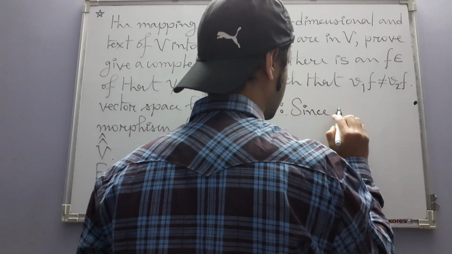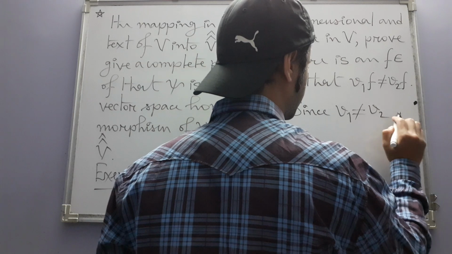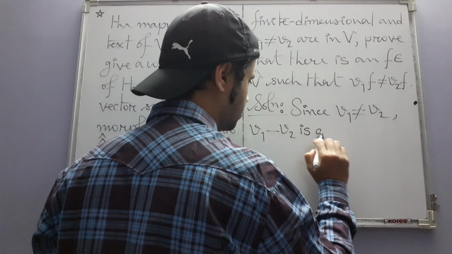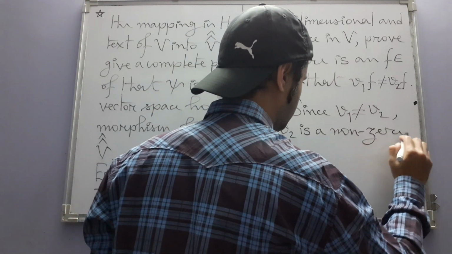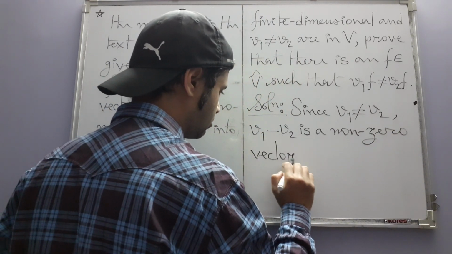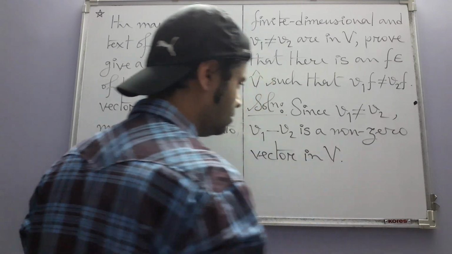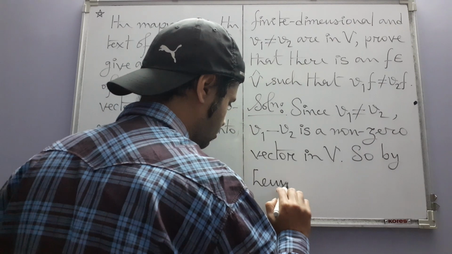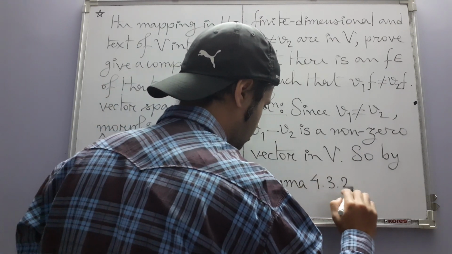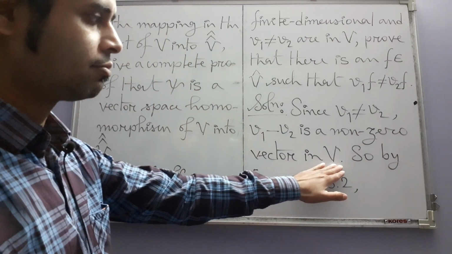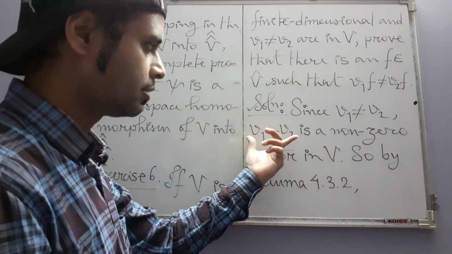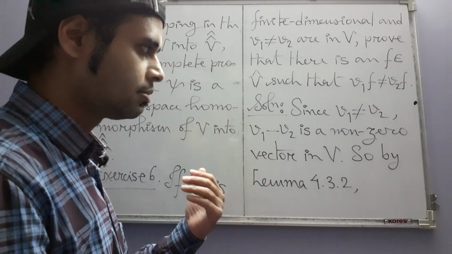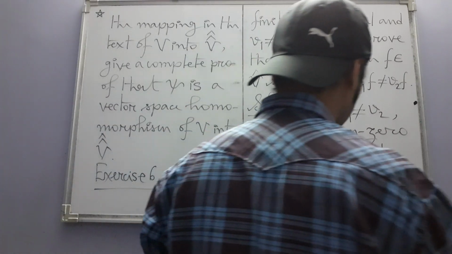Since V1 is not equal to V2, V1 minus V2 is a non-zero vector in V. So by lemma 4.3.2: in this lemma we have seen that if we have a finite dimensional vector space in which there is a non-zero vector, then the image of that non-zero vector under at least one linear functional is a non-zero scalar. That's what we have here.